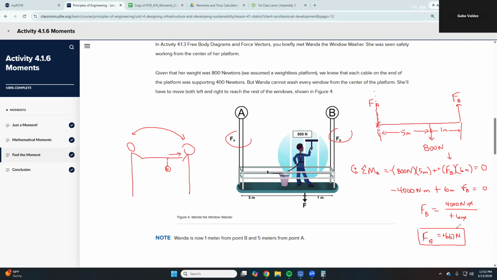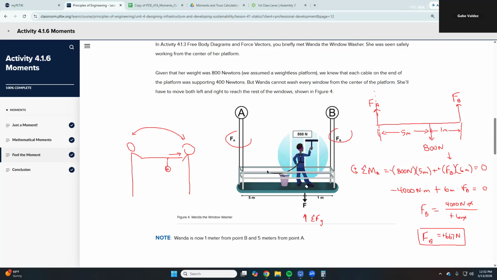Okay. Now that I know what that force is, I can go ahead and figure out the force in member FA, because I can just look at the forces in the y direction. I essentially have a free body diagram here. Now let's go back again. I goofed and assumed down, but I know that these two should actually be pulling upward, right?